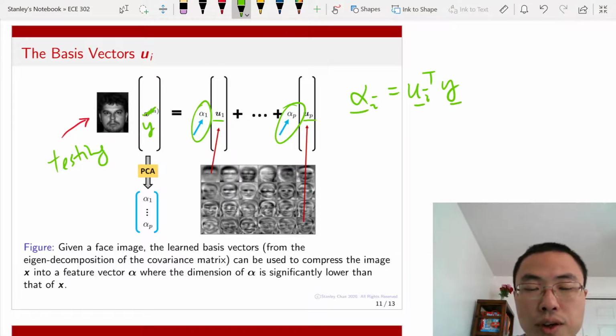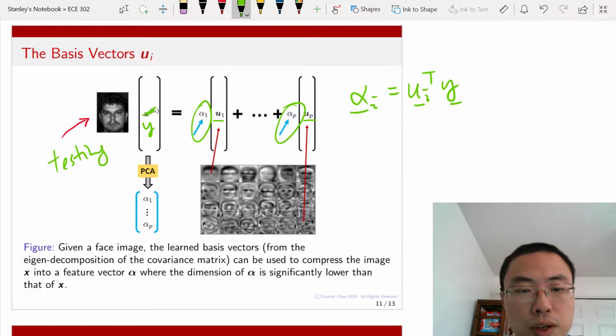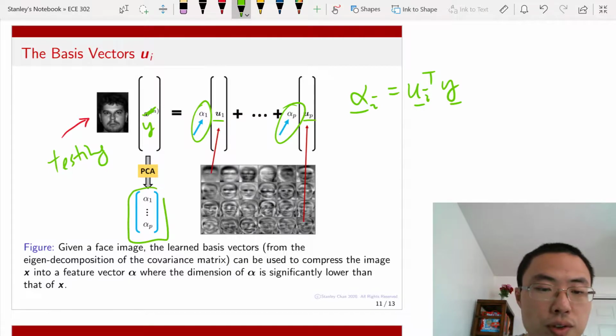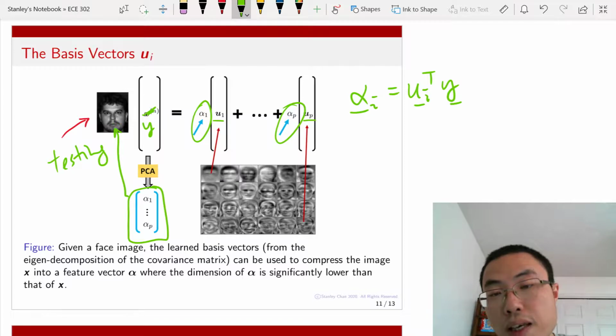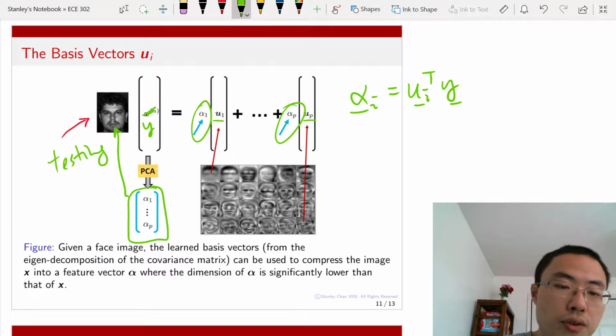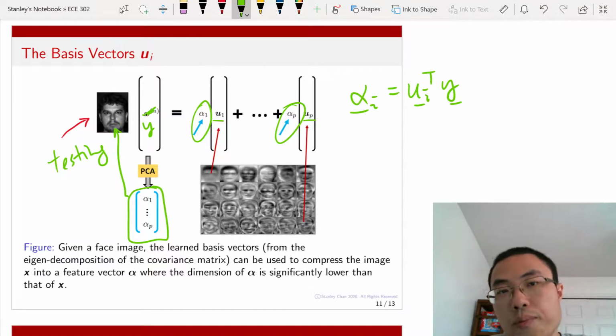That will give you all the alphas. Once you obtain all the alphas, then instead of using the entire long vector of y, you just need to say that this image can be represented by this p-element vector with alpha 1 through alpha p. Then you can take this alpha 1 through alpha p for your downstream processing.